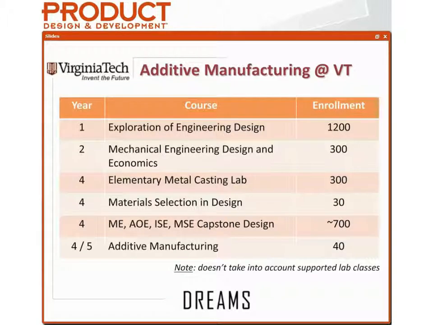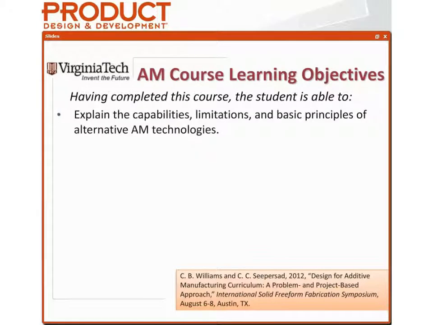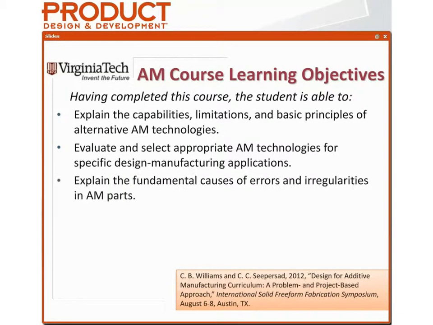And just quickly to focus on that, we actually wrote a paper about that course with my colleague at the University of Texas, and we have specific learning objectives where we want the students who leave to be able to think about all the technologies and be able to design within their capabilities and limitations. They're able to evaluate and select these technologies.